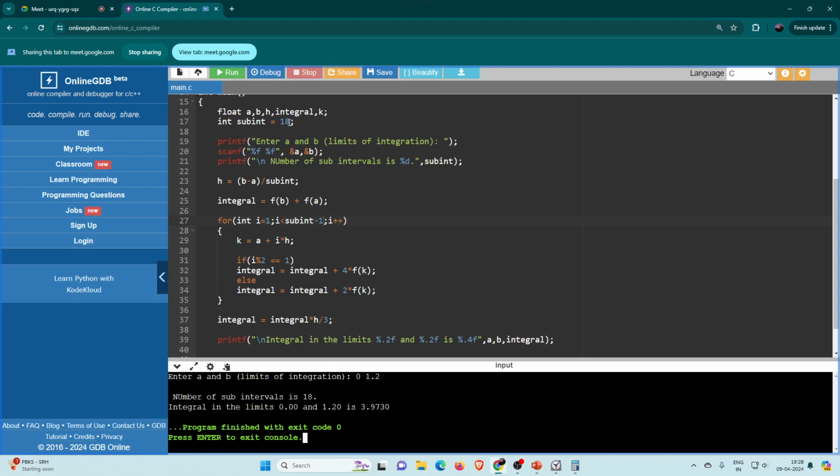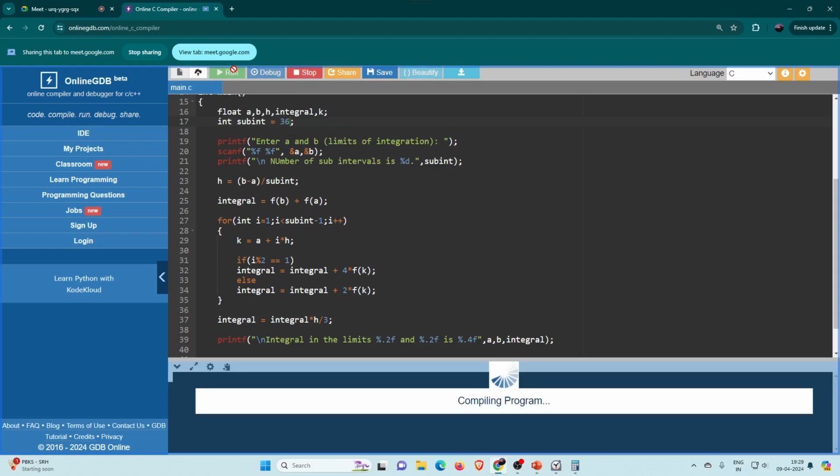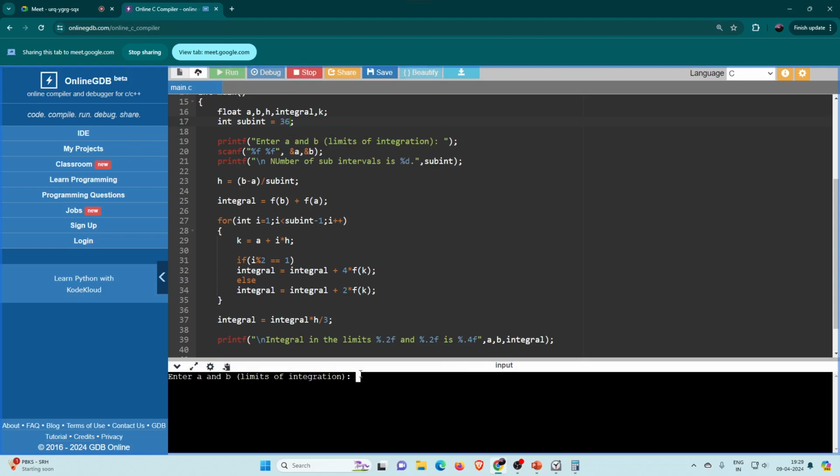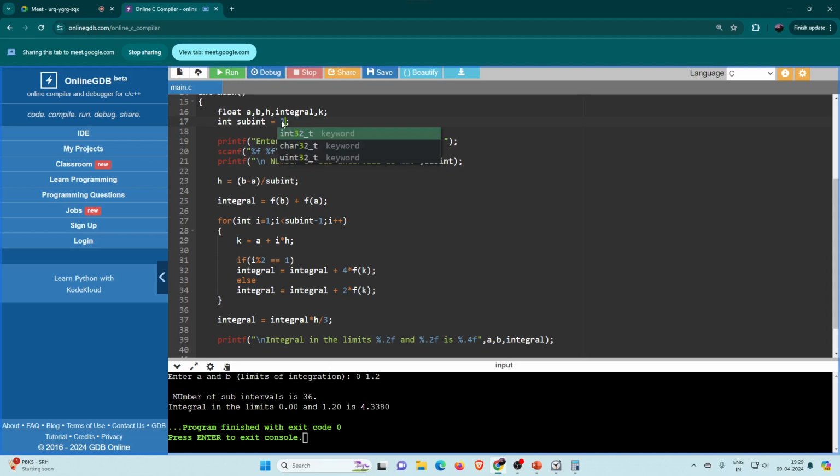So yeah, this way if I increase the number of gaps, I can get better answers, 0 and 1.2. See, each time the answer is changing, because it is not a regular curve, so it's very hard to find its area. So I'll just make it 360 and see what happens.